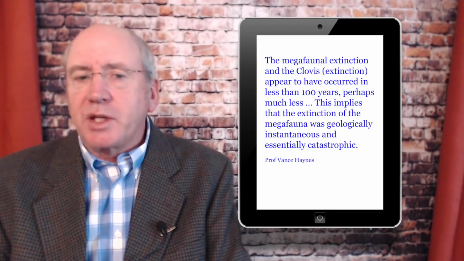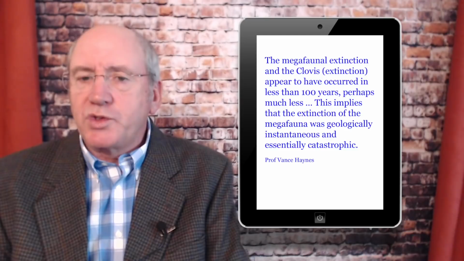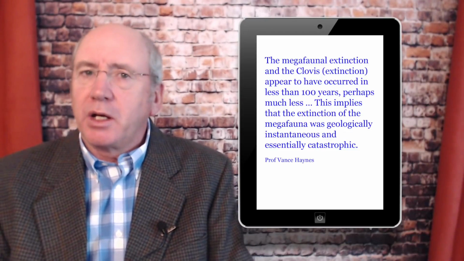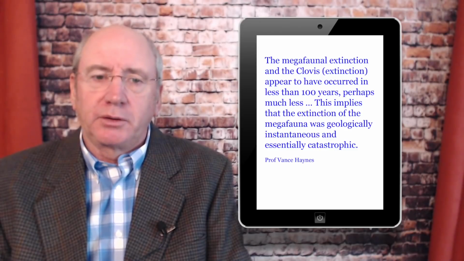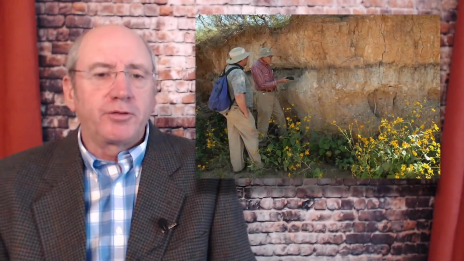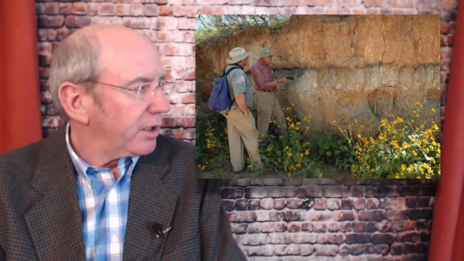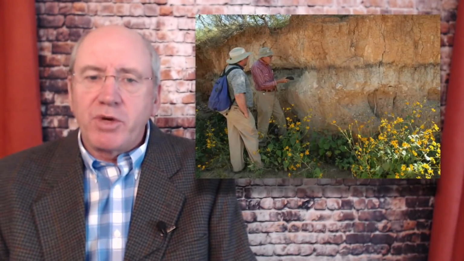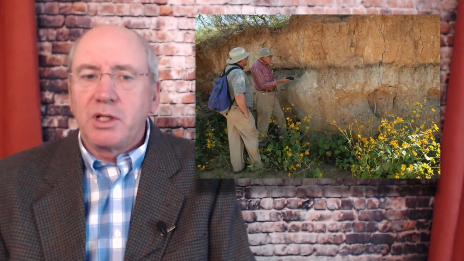This implies that the extinction of the megafauna was geologically instantaneous and essentially catastrophic. So here we have a strata of catastrophe, an extinction event that happened in the recent past, 13,000 years ago.